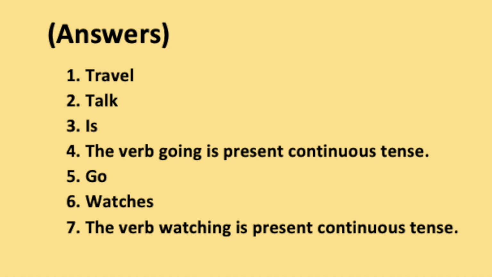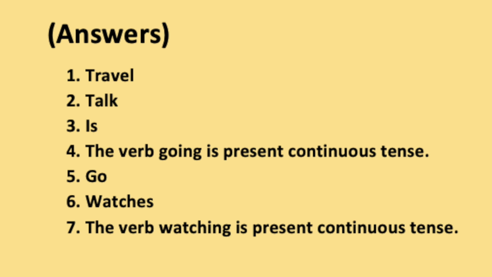What is the simple present tense verb in the sentence? Did you get any simple present tense verb from the sentence? There is no simple present tense verb because here the verb is going. Go plus ing. This is present continuous tense verb. So there is no simple present tense verb in this sentence.